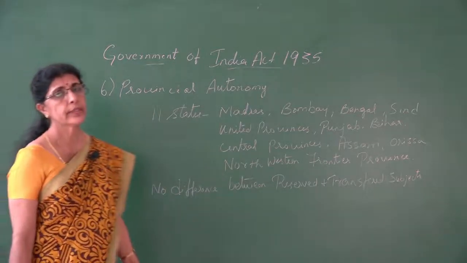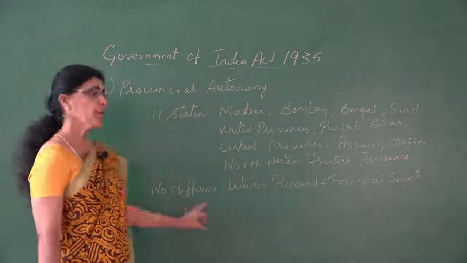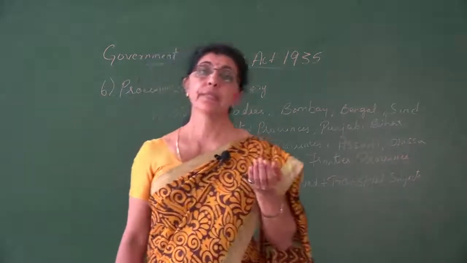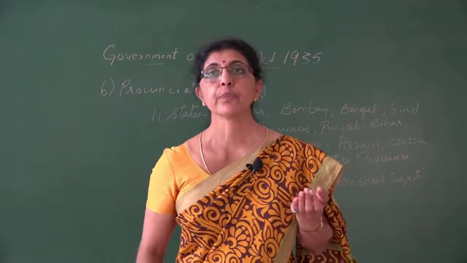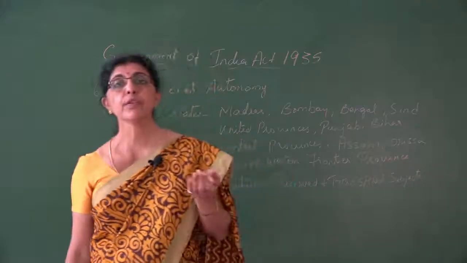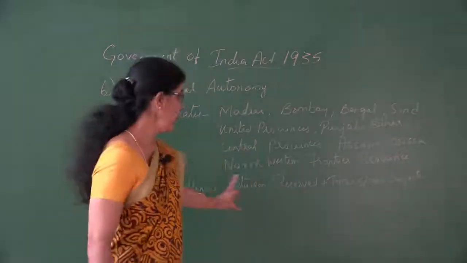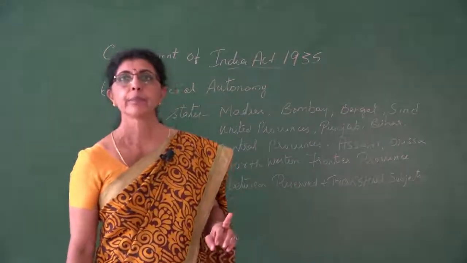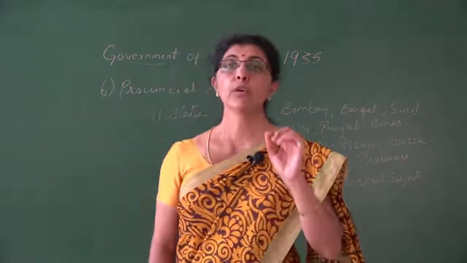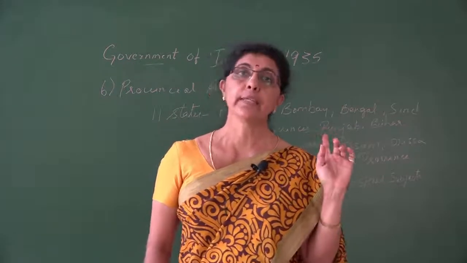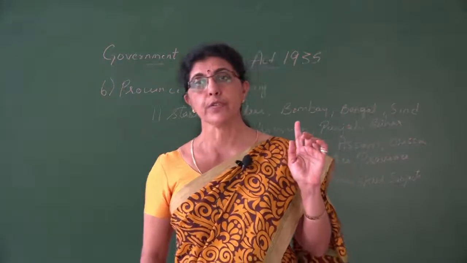Here they decided that there would be no more difference between transferred subjects and reserved subjects. All the ministers were given complete charge. They took care of all these subjects put together, and were made responsible for the activities with regard to these subjects.